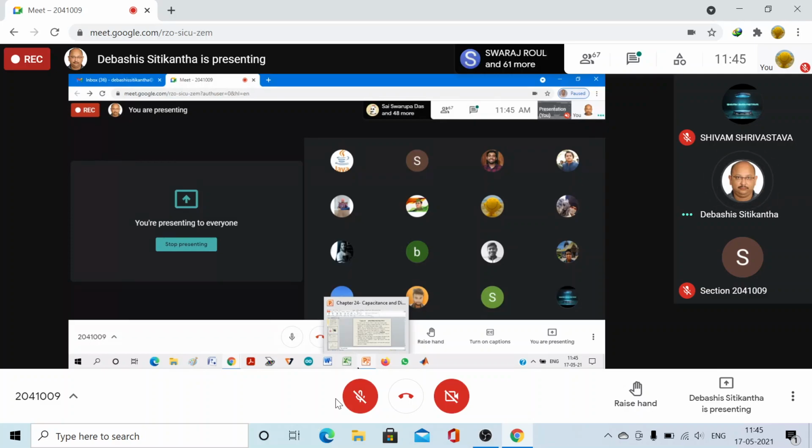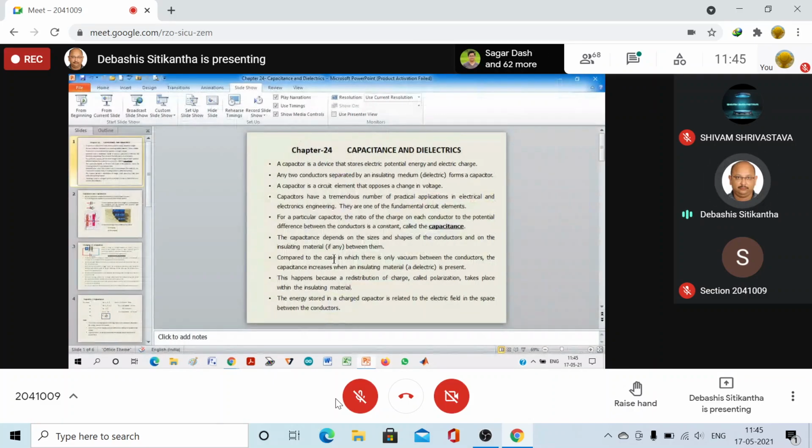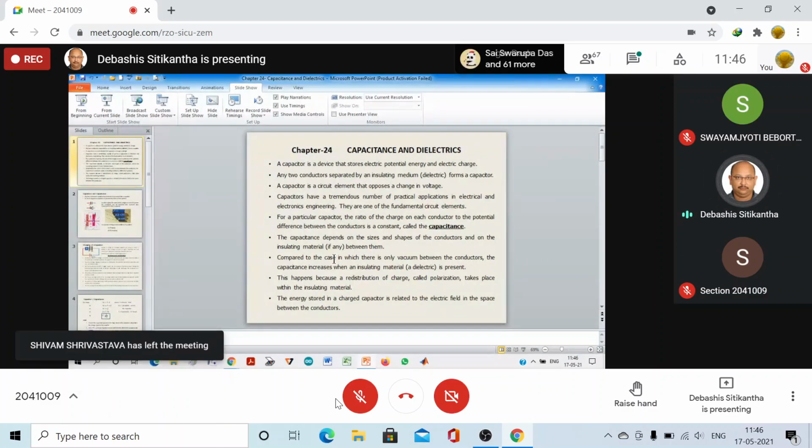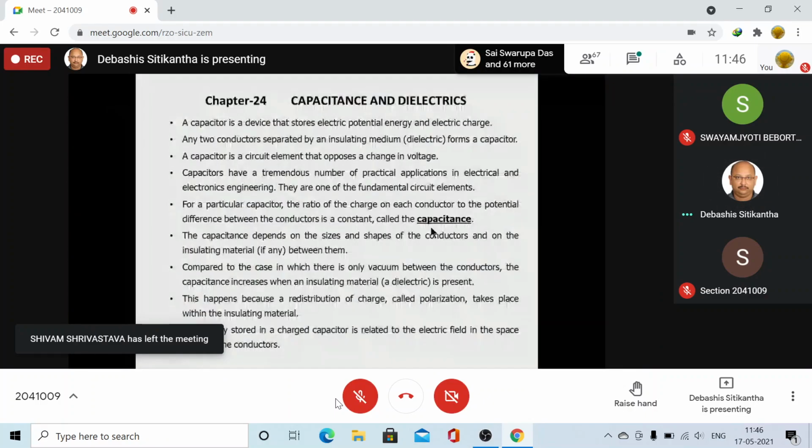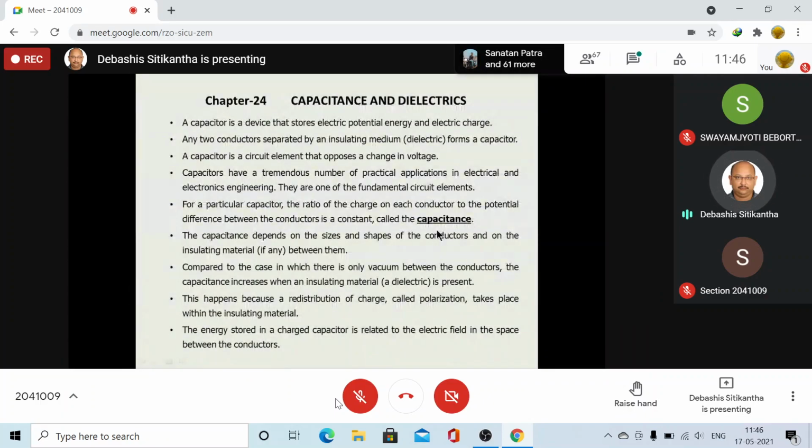Okay, fine. So in a very generalized manner, I can give 3 or 4 definitions of a capacitor. Let us see one by one. The first definition you people have studied, and this is the worst definition of a capacitor. It says a capacitor is a device that stores electric potential energy and electric charge.